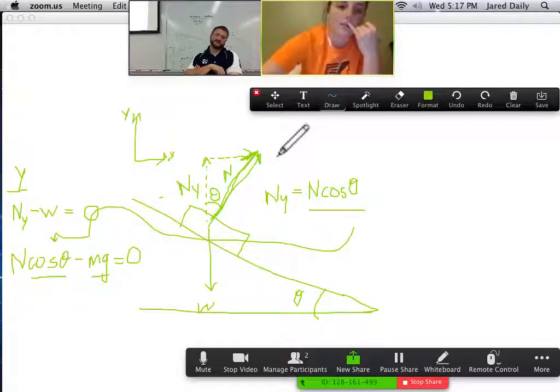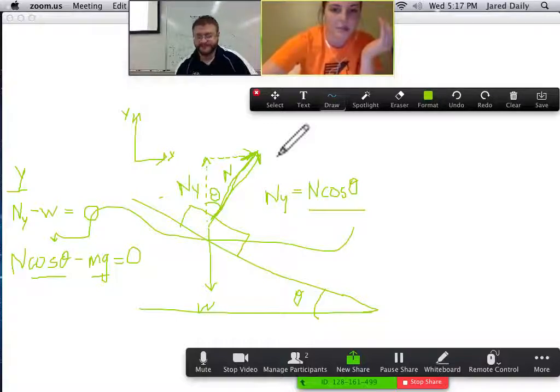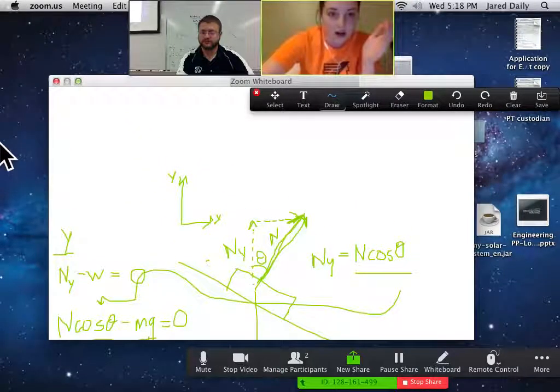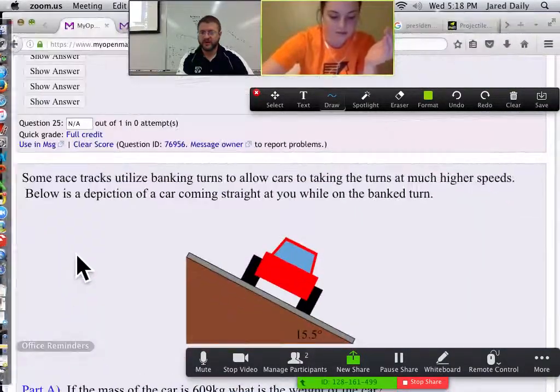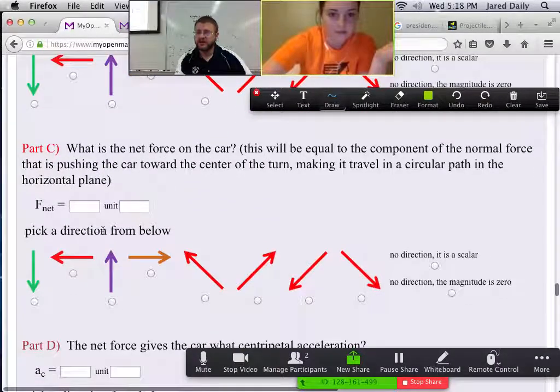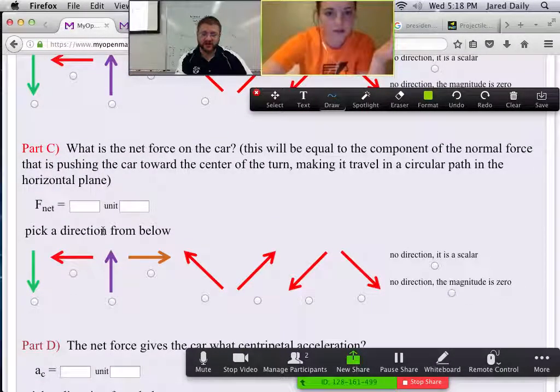So, when we look at part C, wouldn't your net force be equal to, or not your net force, so we know what our normal force is. Yes, part C says, what is the net force on the car?